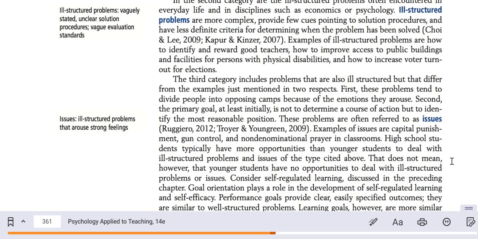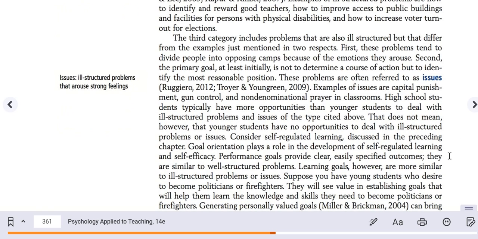High school students typically have more opportunities than younger students to deal with ill-structured problems and issues of the type cited above. That does not mean, however, that younger students have no opportunities to deal with ill-structured problems or issues. Consider self-regulated learning, discussed in the preceding chapter. Goal orientation plays a role in the development of self-regulated learning and self-efficacy. Performance goals provide clear, easily specified outcomes.